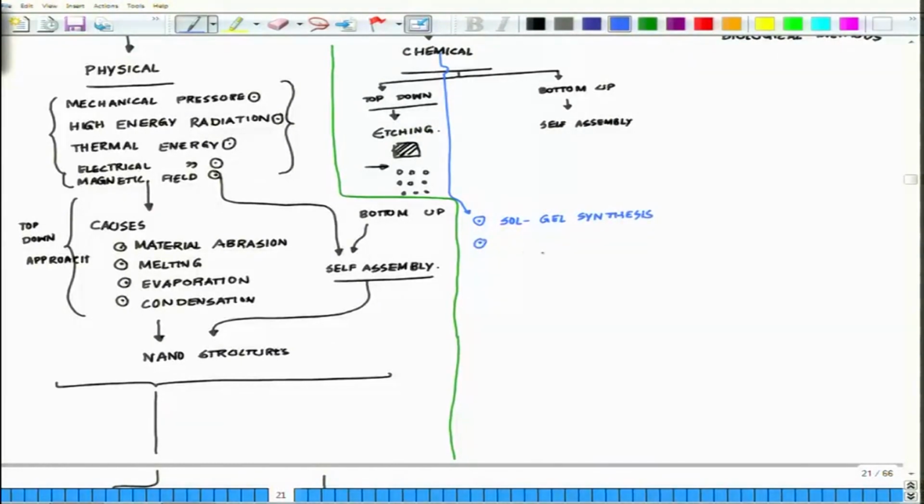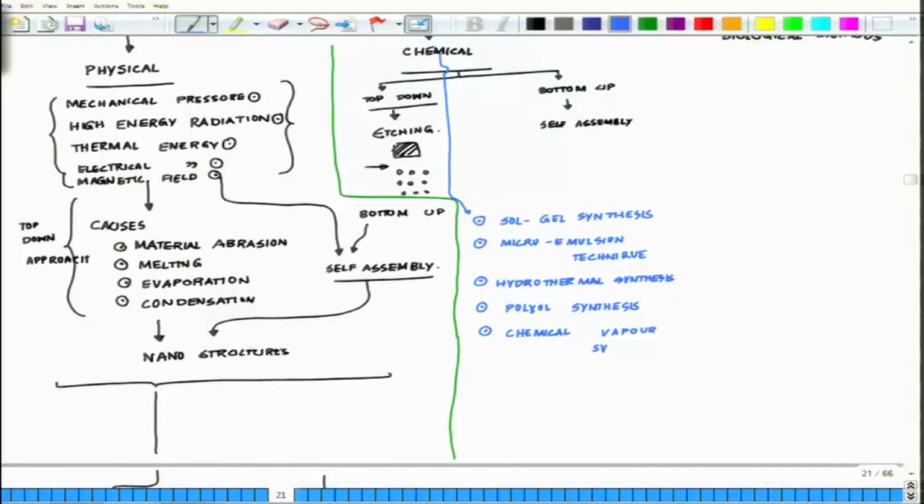You have sol-gel synthesis, then you have microemulsion technique, followed by hydrothermal synthesis, then you have polyol synthesis, followed by chemical vapor synthesis, then we have plasma enhanced chemical vapor deposition.